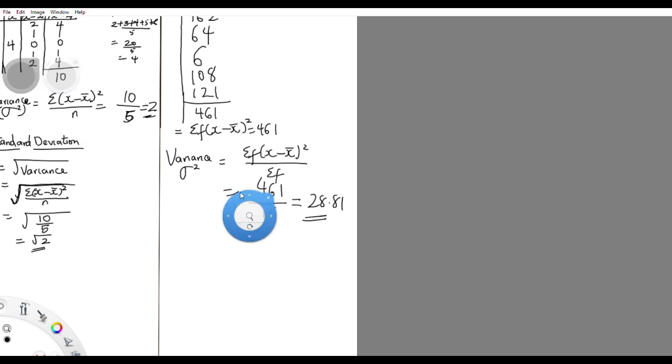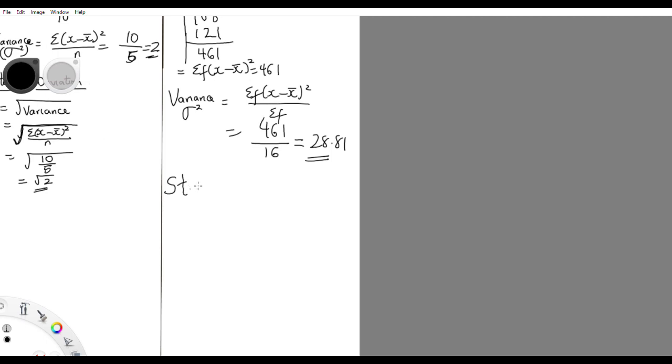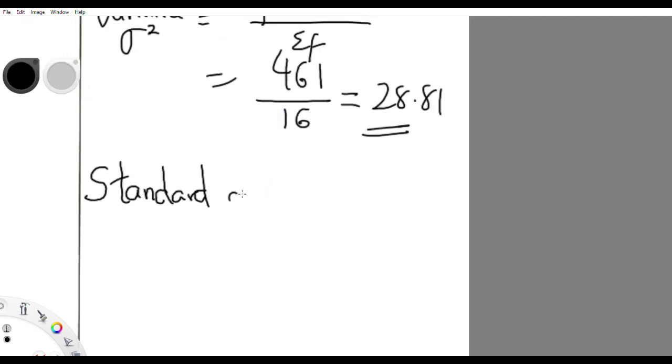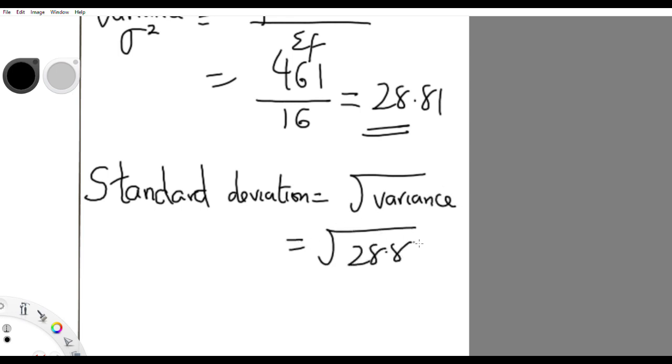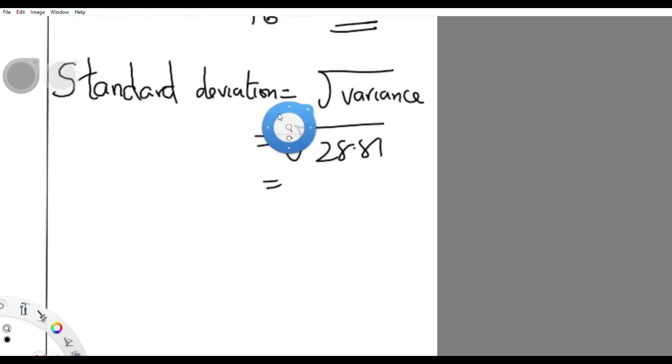Now to get the standard deviation, remember standard deviation equals square root of variance, so square root of 28.81, and that should be 5.37.